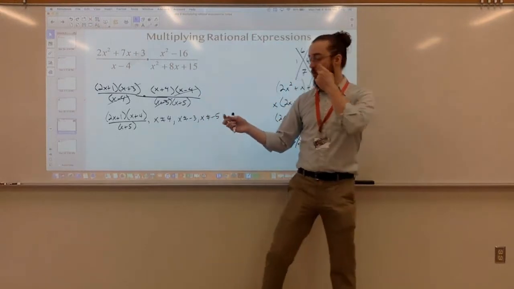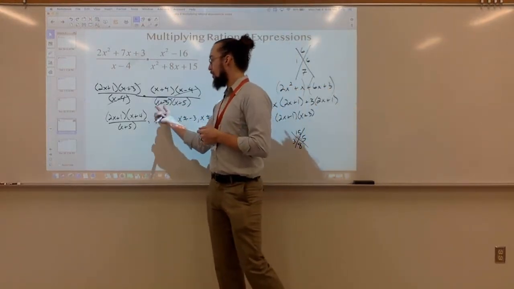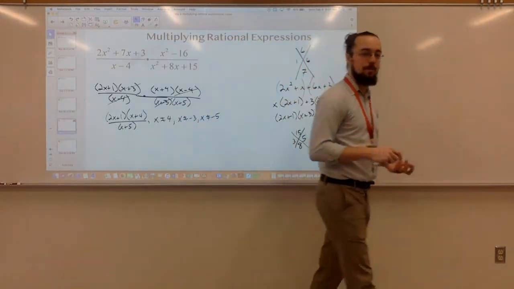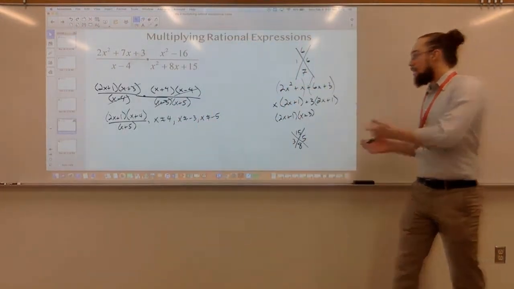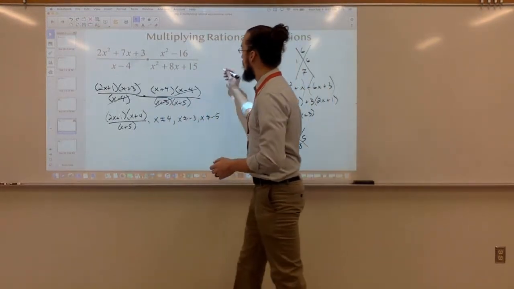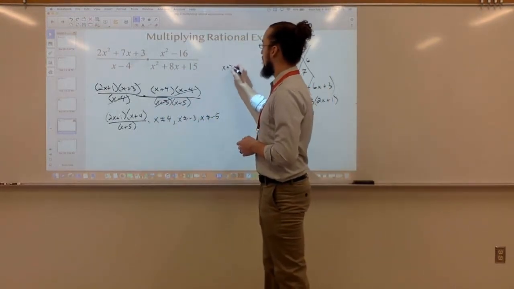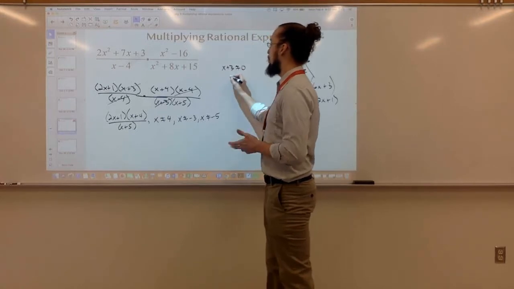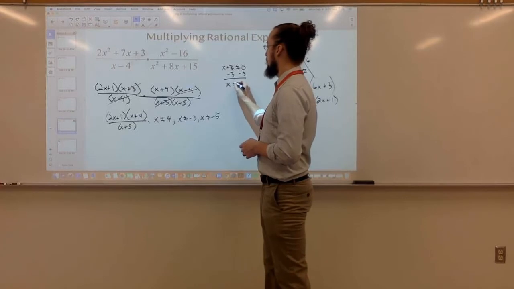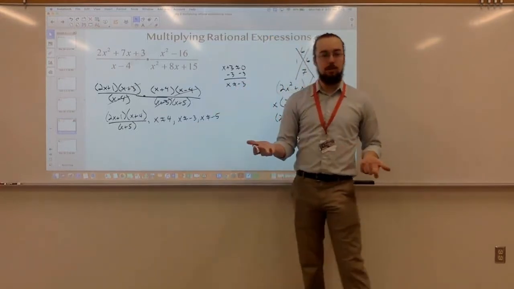Remember, we're just trying to see what value of x would make this factor zero. Even on factors like this, if you can't see that immediately, you're just saying x plus 3 cannot equal 0, and then solving that. So I would subtract 3 and get x cannot equal negative 3.